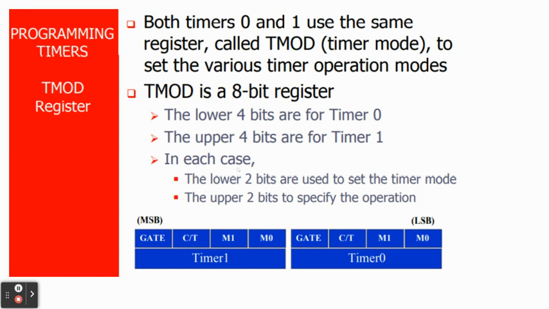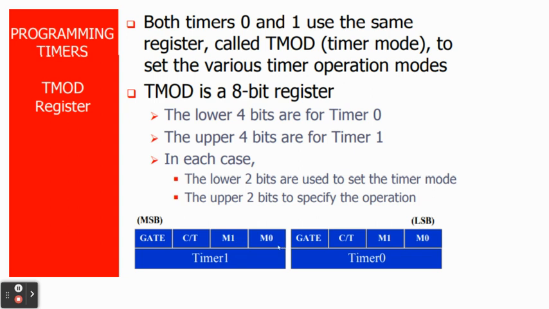In both cases, the lower 2 bits are used to represent the timer mode. As you can see here, on the least significant bit is M0, next to it is M1. So M1 and M0 represent the mode for timer 0. And on the left side, we have M1, M0, which represent the mode for timer 1.